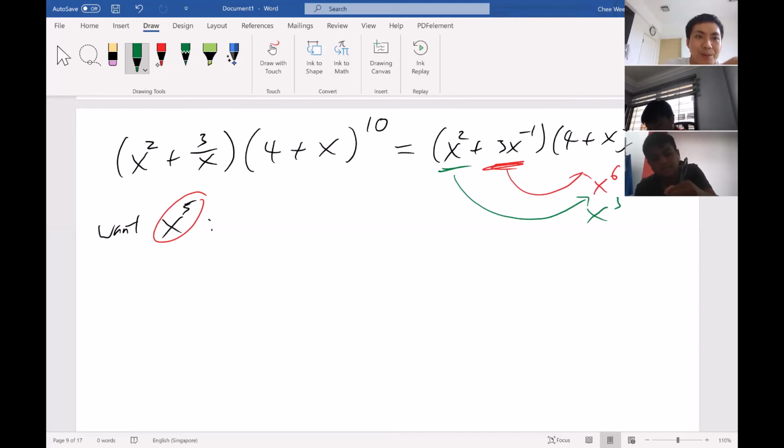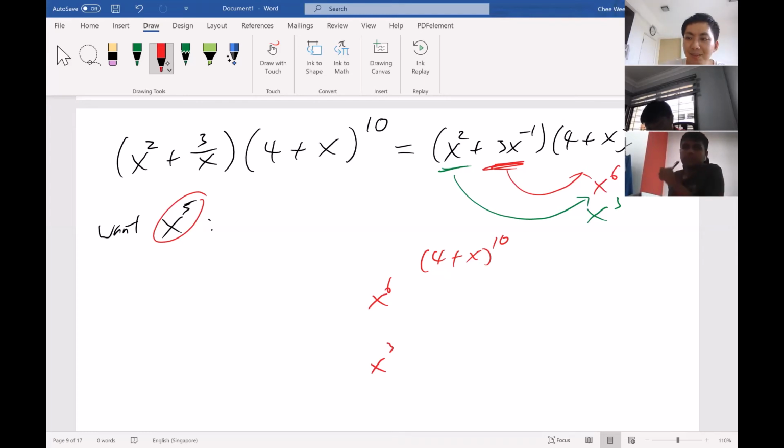So you tell me, pardon my writing, 4 plus x to the power of 10, I need the power 6 guy and the power 3 guy. So you will tell me who they are. 10 choose 6 times 4 to the power of 4, times x to the power of 6.